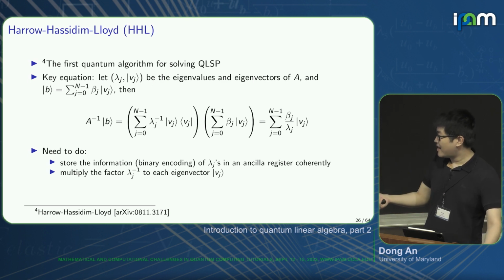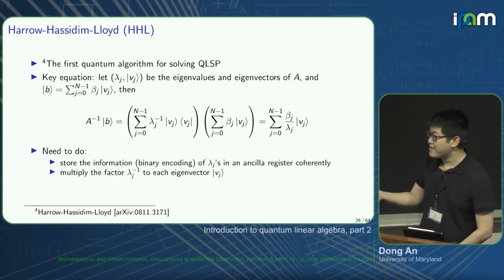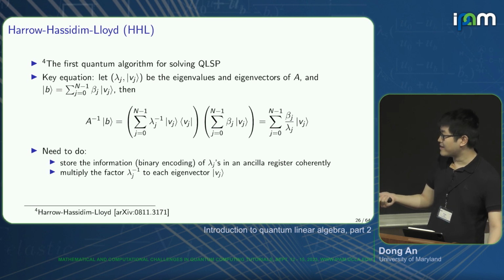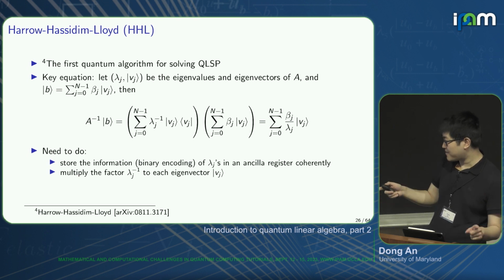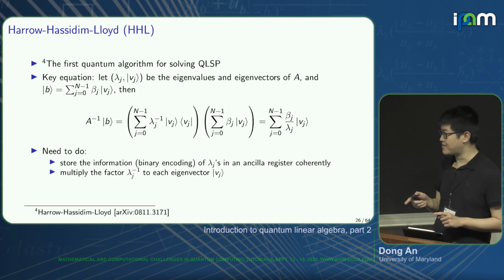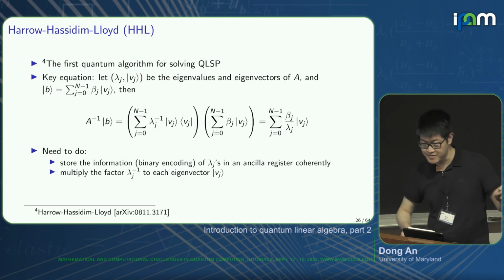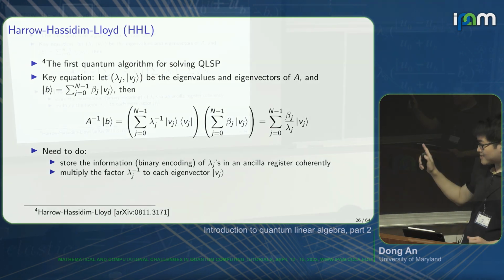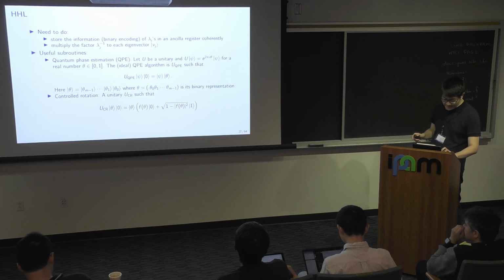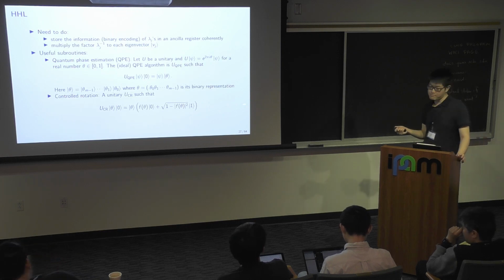The next operation is that after we get the information of this lambda j, we need to multiply this factor lambda j inverse into the amplitude, and this can be done by a single qubit rotation called the control rotation. I will discuss this later. Now I have all the subroutines, so let me be a little more specific.